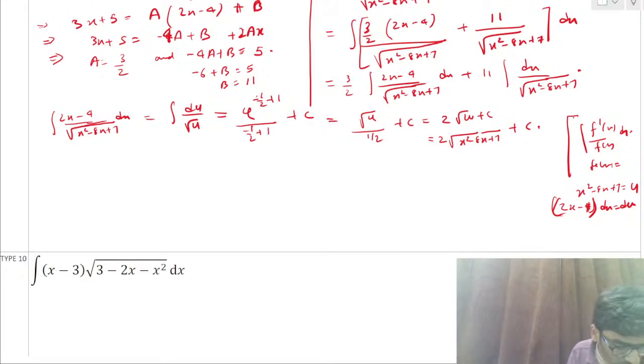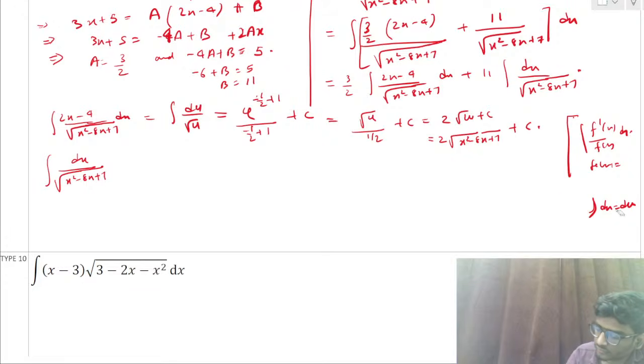Now this integral, dx upon under root x square minus 8x plus 7. How are we going to solve this integral? We will try to write x square minus 8x in the sum or difference of two squares. So we are going to use the method of completing the square.